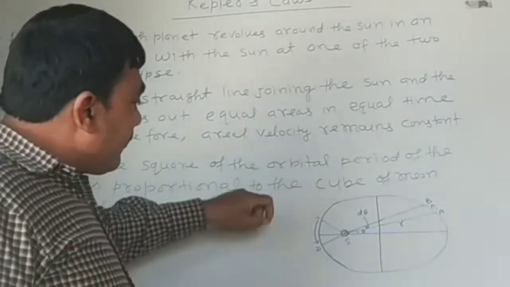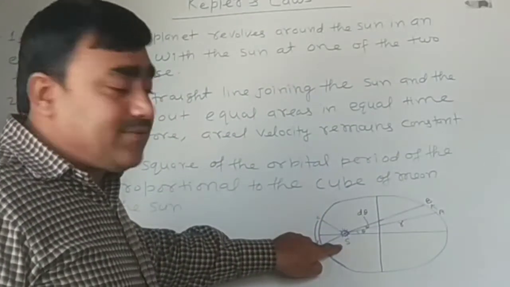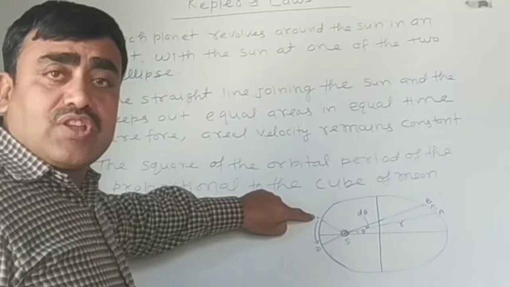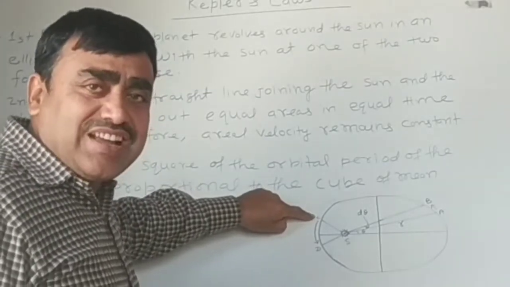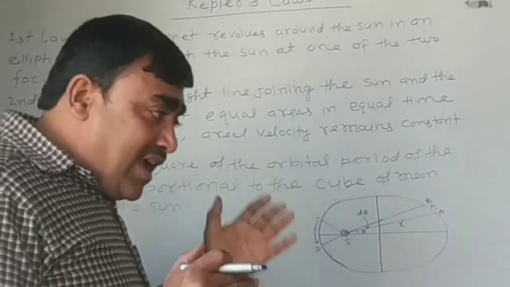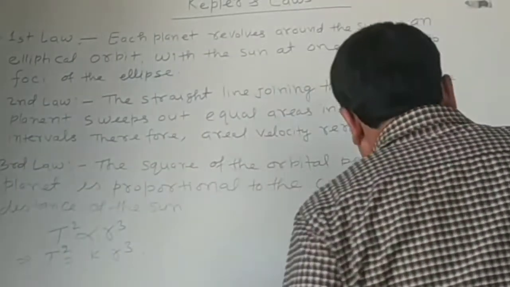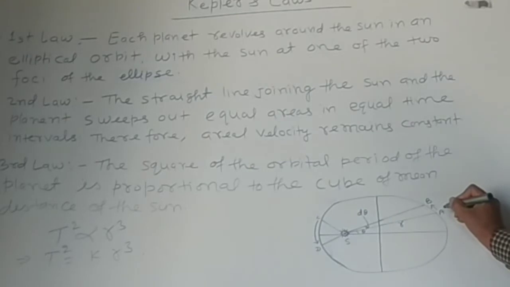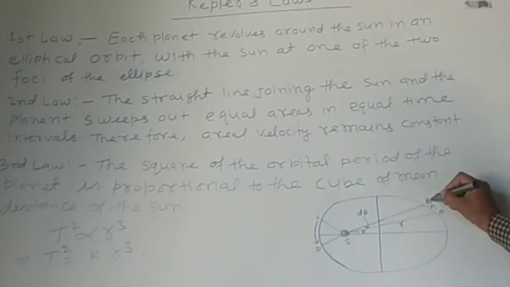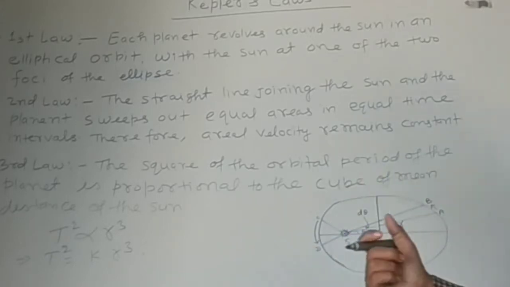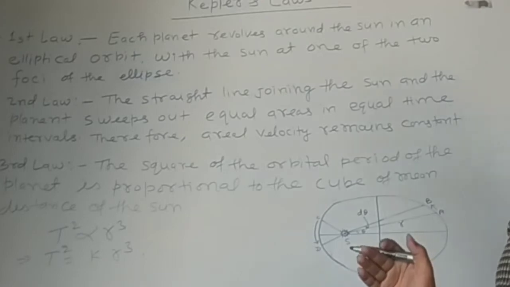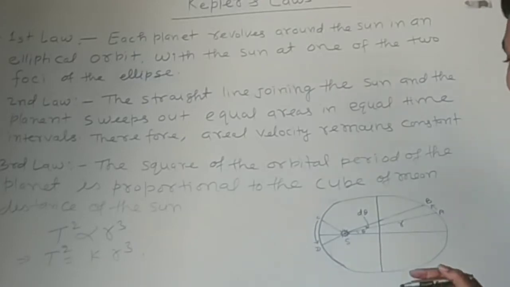Suppose in time t seconds, the planet starts moving at point C and reaches point D, and again in the distant part from the sun, it starts from A and reaches B. According to the second law, that means law of areal velocity, okay?